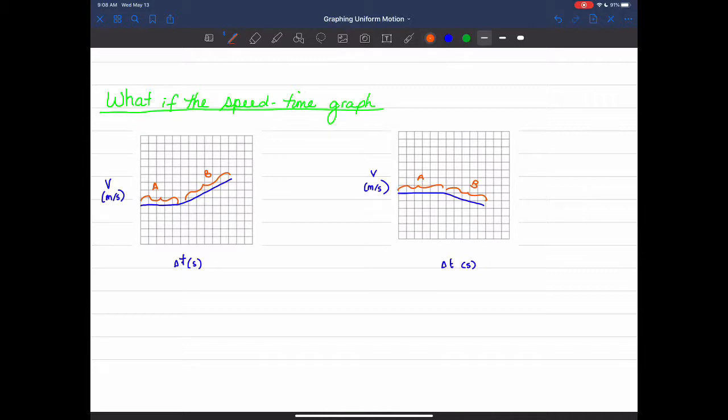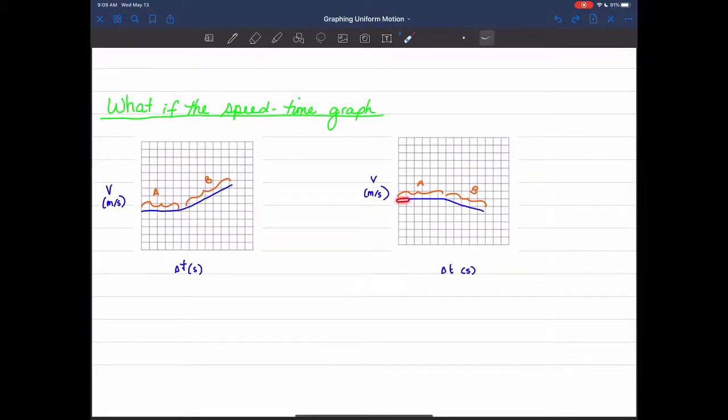Okay, so at A, I have uniform motion. My object is moving at the same speed over time. And then all of a sudden, the speed over time changes. What is my object doing? In this case, my object is going faster, so my speed is increasing.